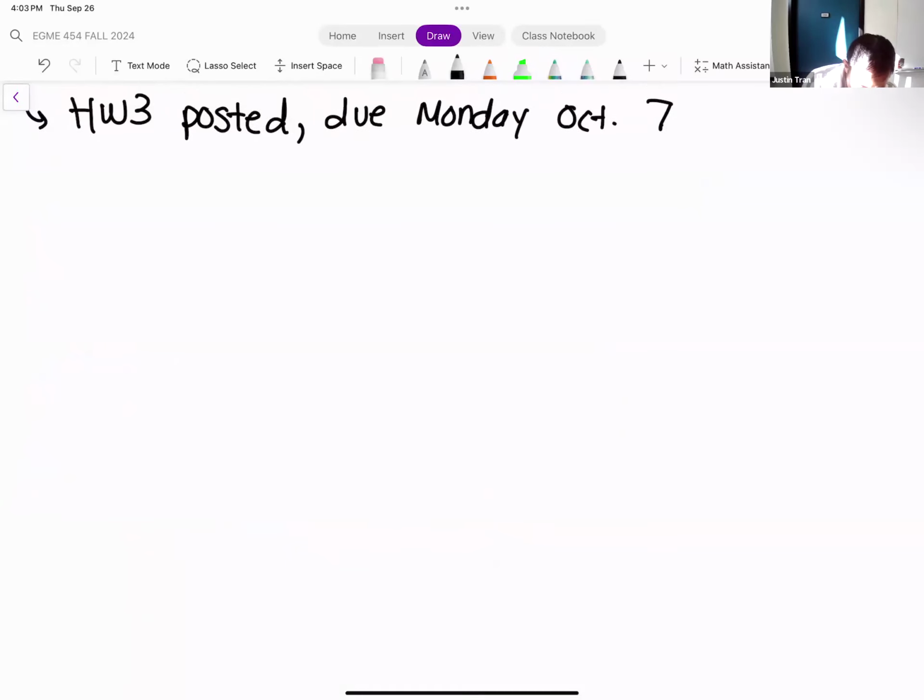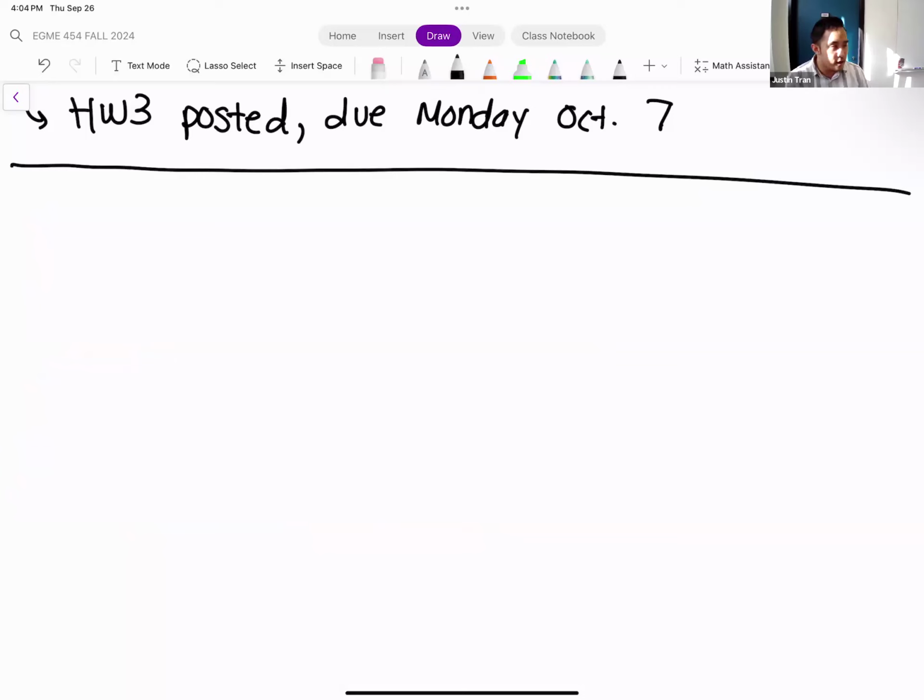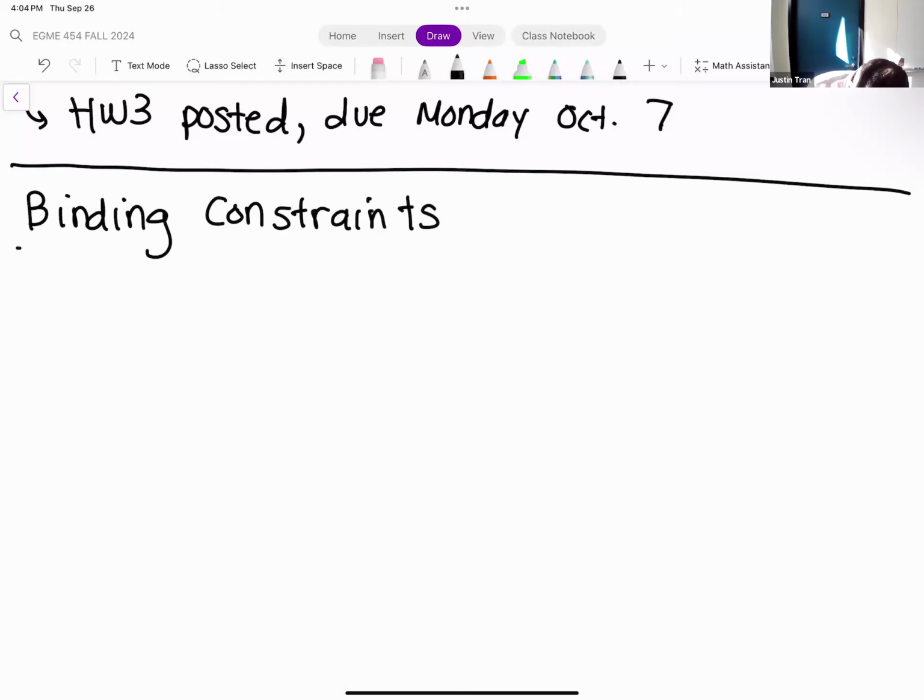Before we introduce the main theorem that goes with inequality constraints, the Kuhn-Tucker conditions, let's briefly discuss what it means for a constraint to be binding. A constraint is considered binding when the optimal solution sits right on the boundary of that constraint.